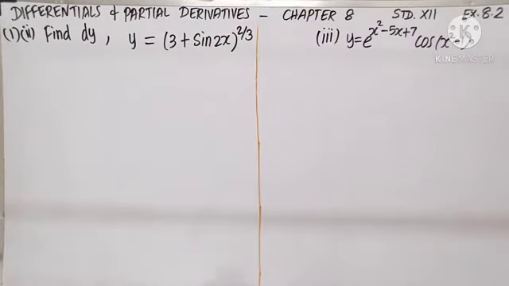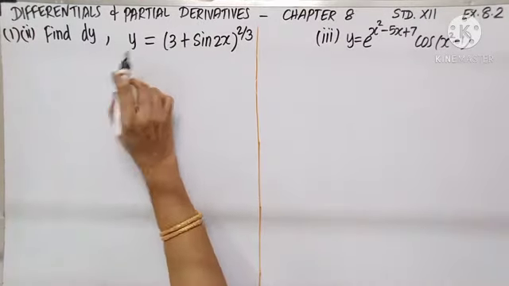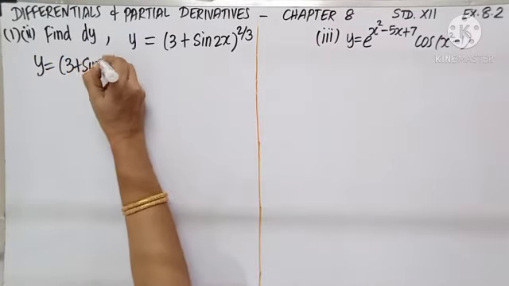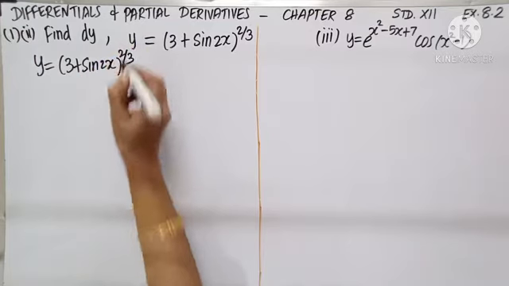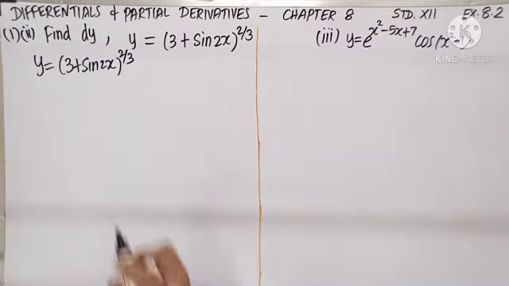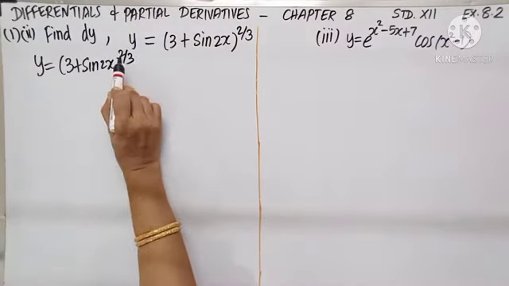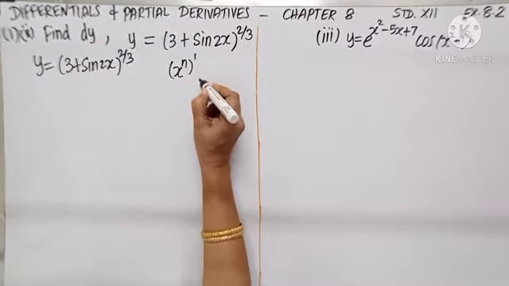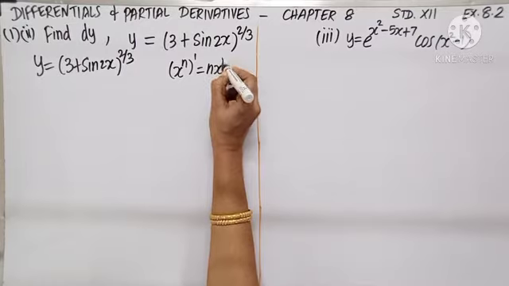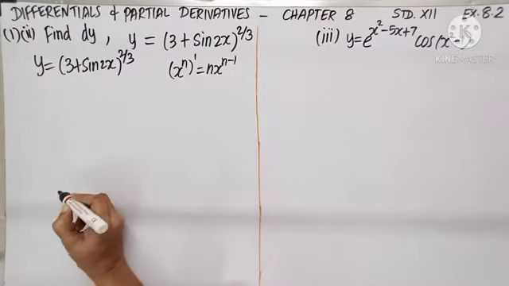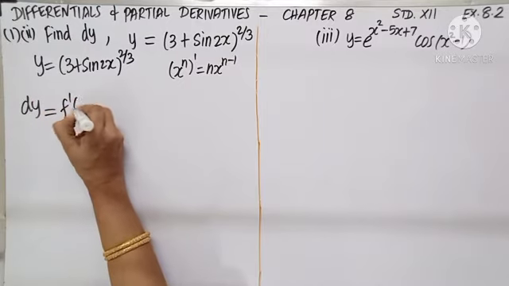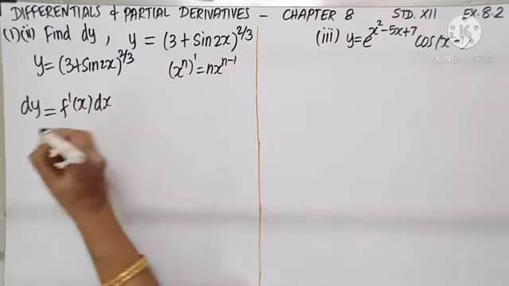Second subdivision, find differential dy for y equals 3 plus sine 2x the whole power 2 by 3. Something power, so remember the formula: x power n, I will write n x power n minus 1. So we write dy equals f dash of x into dx.